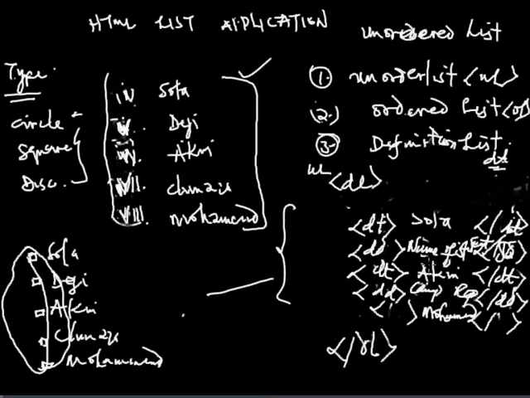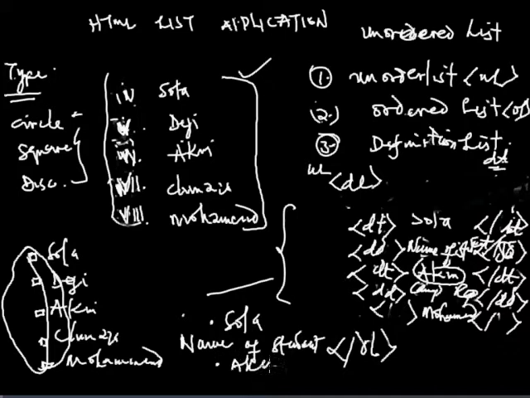So what this is going to give us is Shola in capital. You now see this very bold, very blue name of student. Then you have another one called Akin, as class representative. Alright, so that's all about lists.